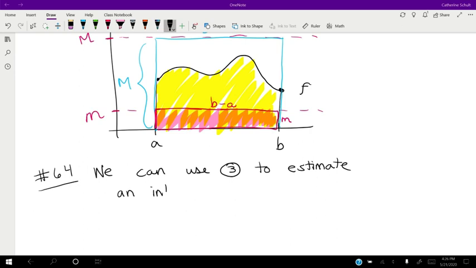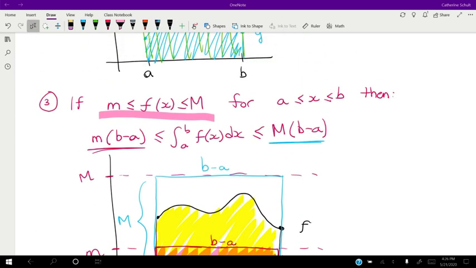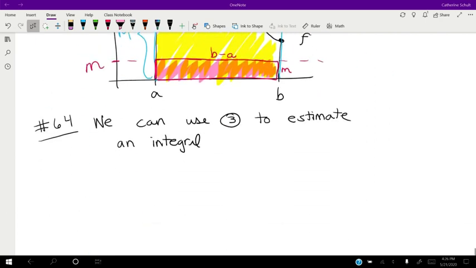So let's look at what number 64 is saying. It says use property 8, which is this that we just went over, to estimate the value of the integral. All right, so we're using this method because it's telling us to and because they just want it to estimate. And this is what we're going to estimate.